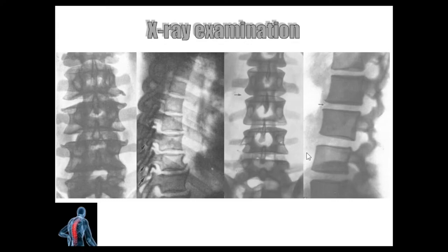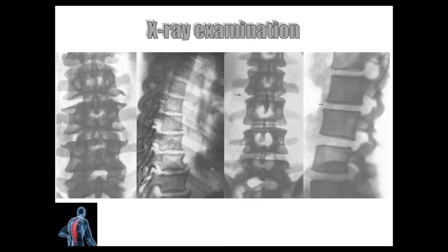And the third symptom is osteophytes formation. So as you can see here, those spikes which we usually have at the corners of the vertebral bodies are a result of overloading as well.